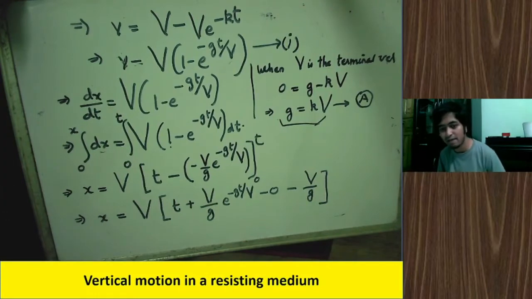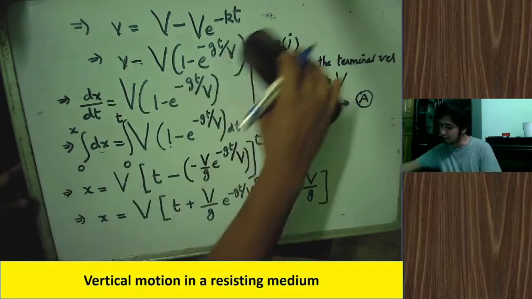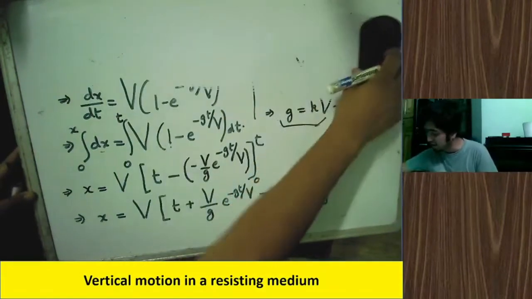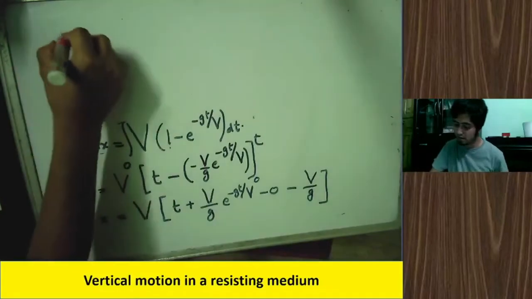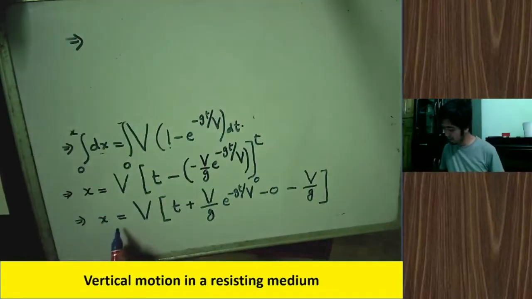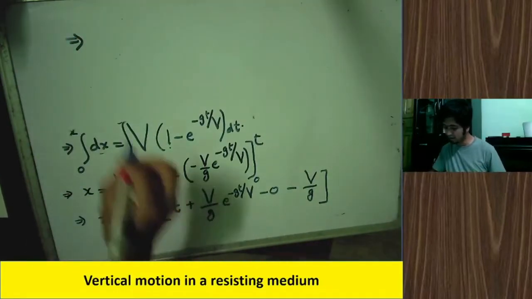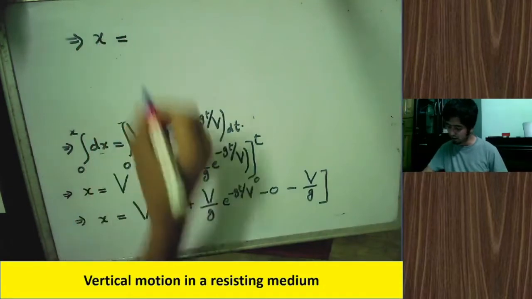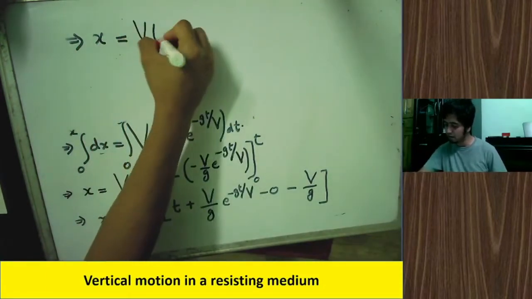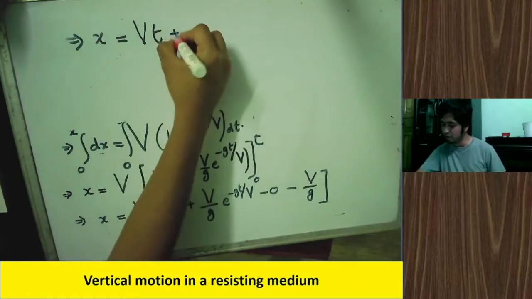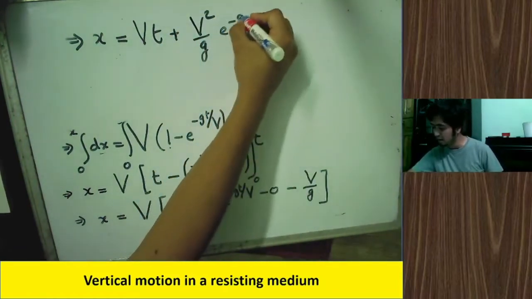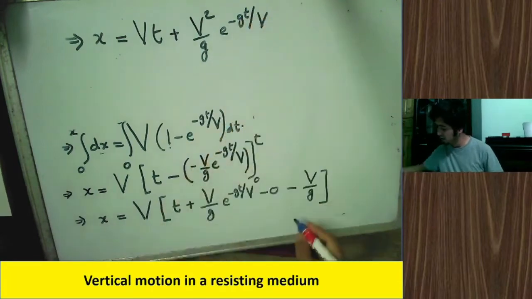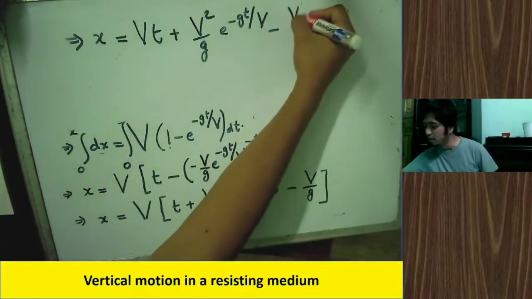So now we just have to simplify it. Let us try to simplify this expression. x will be equal to Vt, minus V square upon g, e power minus gt upon V, minus V square upon g.